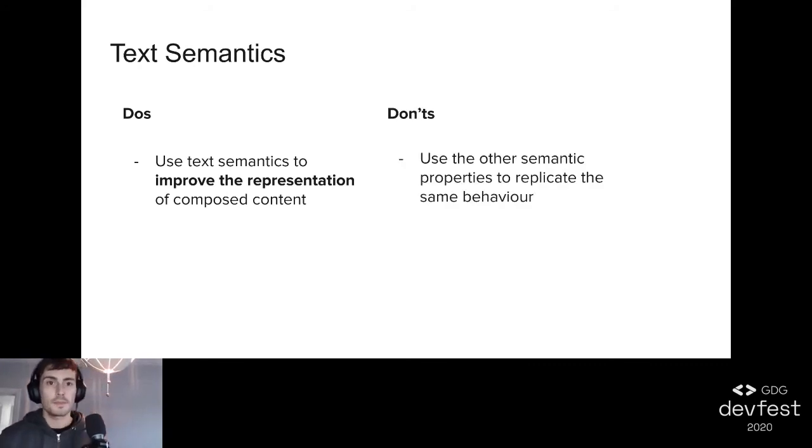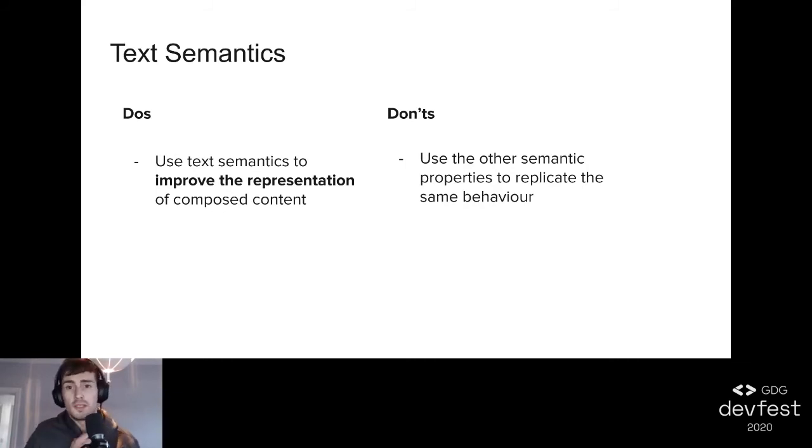So from this example, we can see that we can use text semantics to improve the represented text on screen that is composed. So we are essentially changing the spoken representation without modifying how it's represented within the UI. But because we have this text semantic, it's important to override it where applicable and not use other semantic properties to provide alternative values.